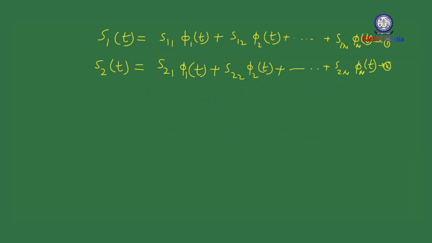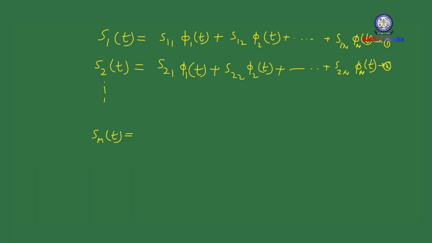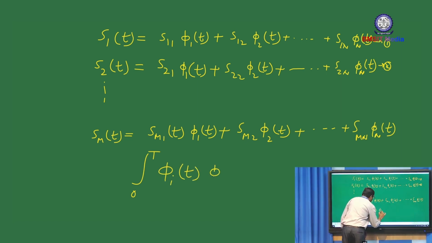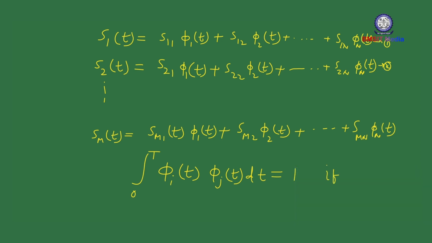Like this I can extend up to the value of m, that is sm of t is equal to sm1 phi 1 of t plus sm2 phi 2 of t plus and so on up to smn phi n of t. And we know the integral 0 to T of phi_i of t into phi_j of t into dt will be equal to 1 when i is equal to j.